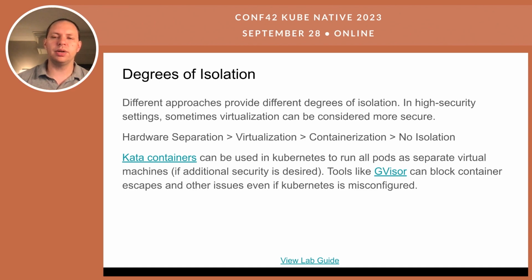And then gVisor will filter and validate that applications aren't doing things they're not allowed to do. So in case there's a vulnerability in the Linux kernel, gVisor will prevent an application from escalating privileges or accessing things it shouldn't be allowed to access.